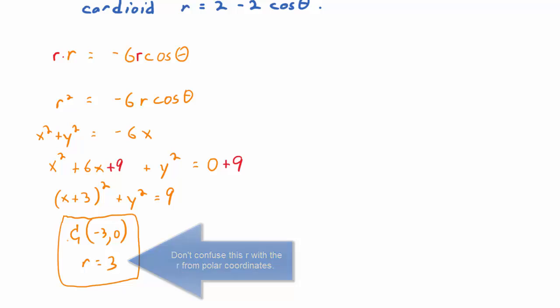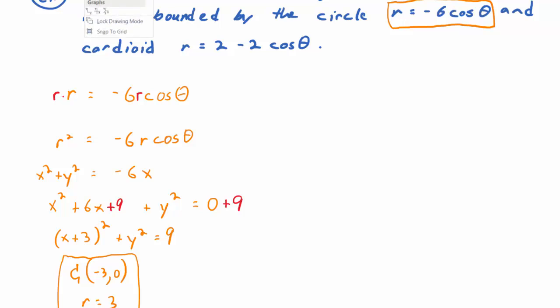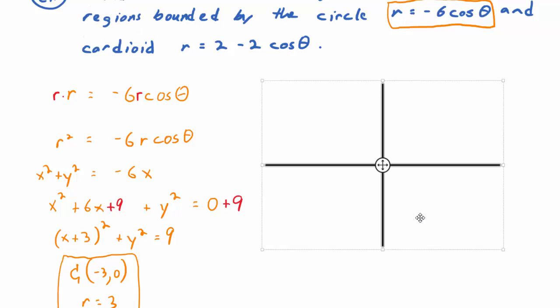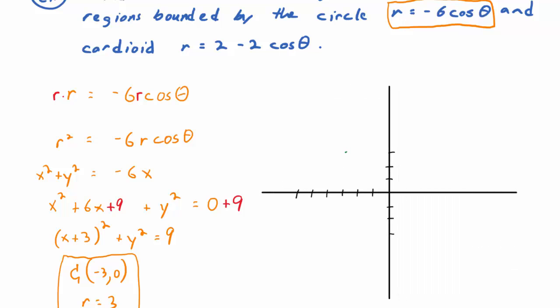Now, could you get that from your calculator, staying in polar coordinates and plugging in the original equation? You bet. But it was an opportunity to review something, and I didn't want to pass it up. So, all right, let's graph the circle. Go up, down, left, right, 3 from the center of negative 3, 0.